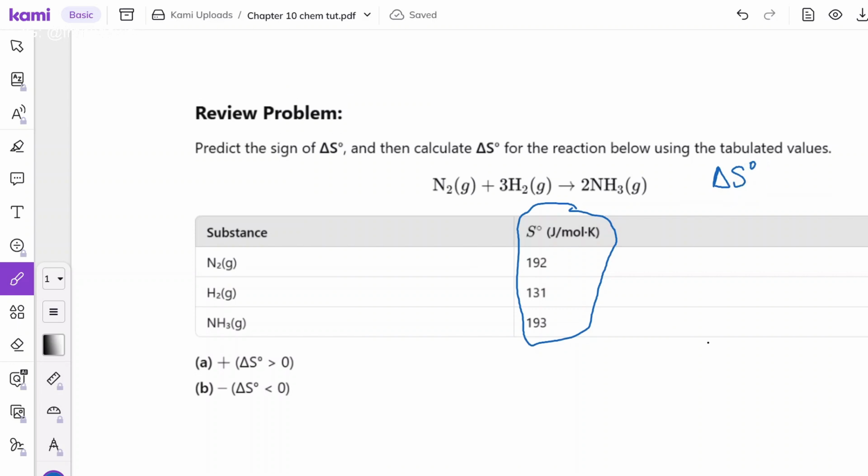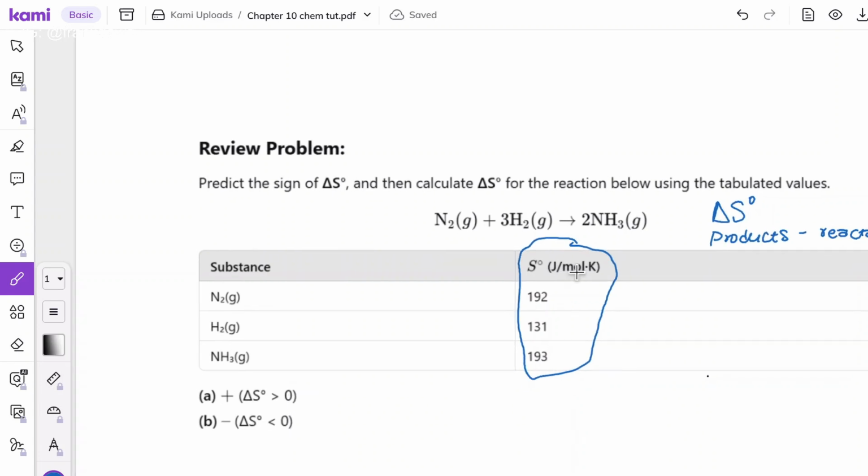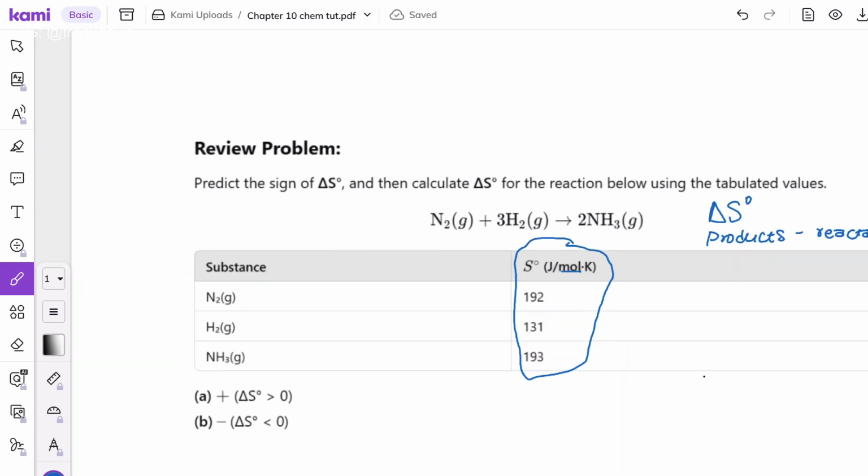You do the same thing: products minus reactants. Using the units here, you can see that these values are given with moles in the denominator. And you remember from the other problem, change in entropy is supposed to have the units of J over K. So you know that you have to multiply this by moles to get rid of the moles.